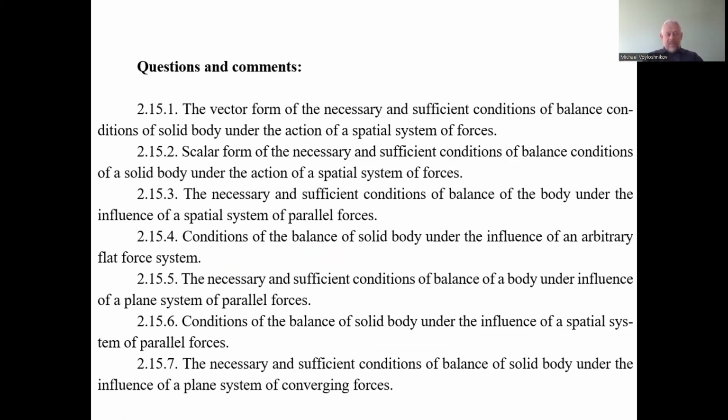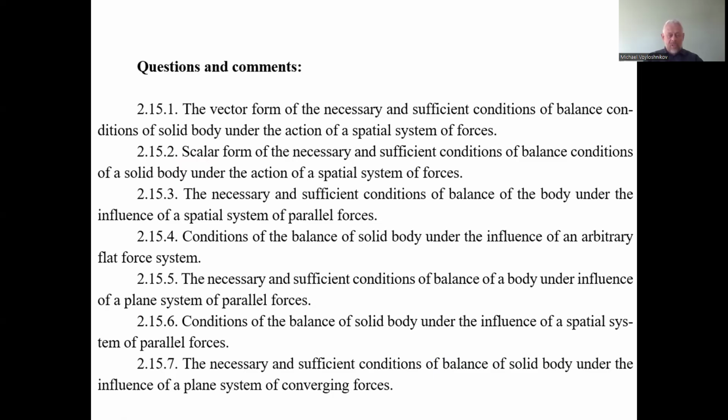2.15.3. The necessary and sufficient conditions of balance of the body under the influence of the spatial system of parallel forces. For parallel forces, we remember that if the forces are parallel to one coordinate axis, the balance condition is that the total of the projections of forces on this axis, to which the forces are parallel, has to be equal to 0.